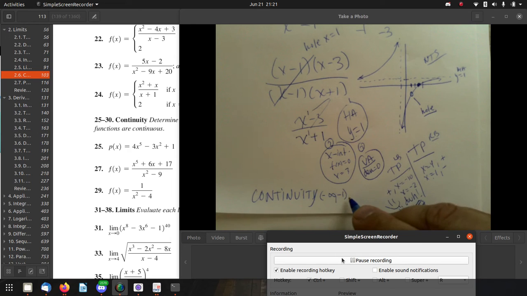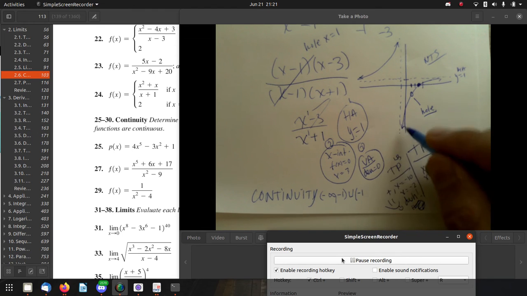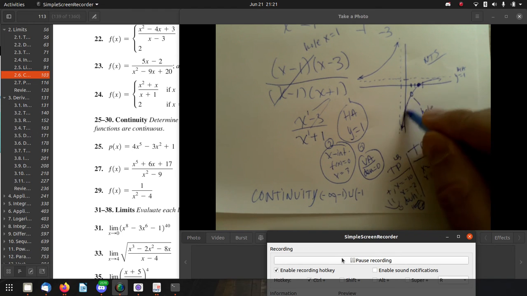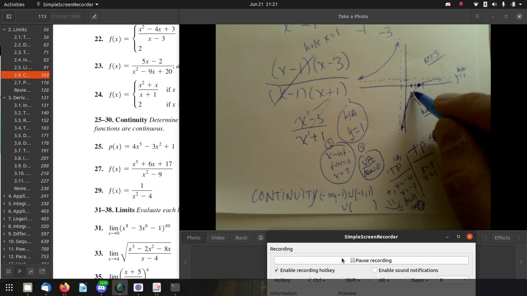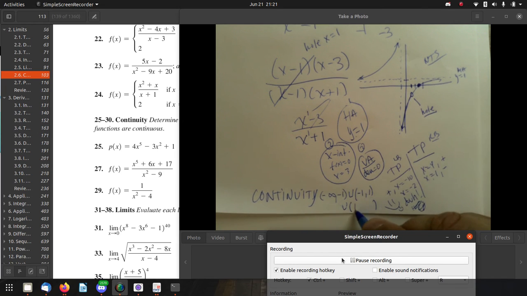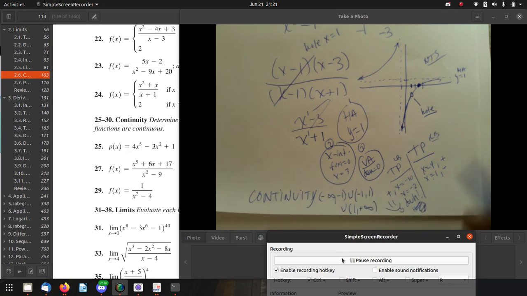So the other interval of continuity is going to be from -1 non-inclusive, because it's an asymptote, right here, this portion up to that hole, up to 1. And then one more interval of continuity, I'll put another union down here and just wrap it around, and that's going to be from 1 to positive infinity. And so that's where we have our intervals of continuity.